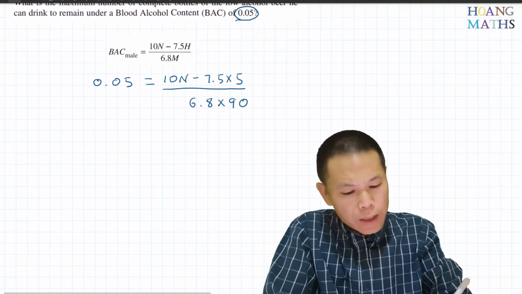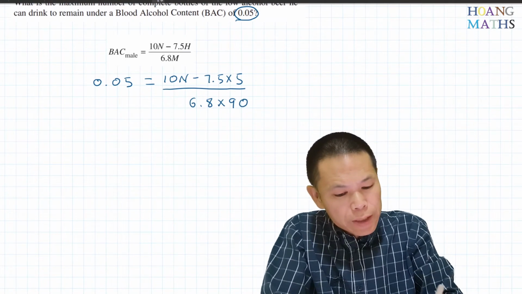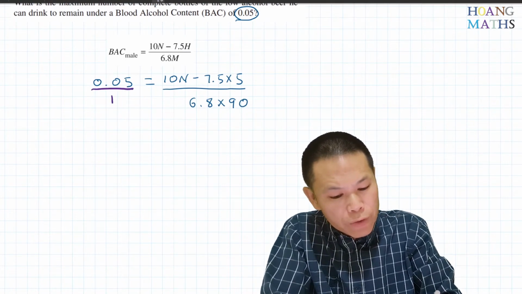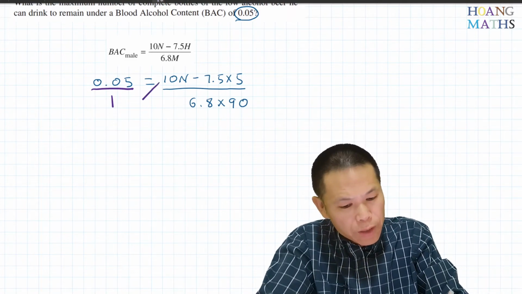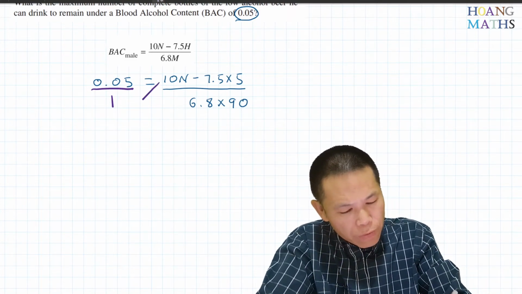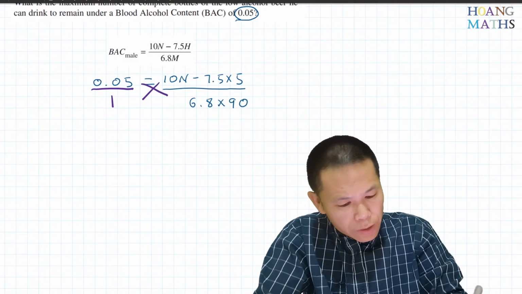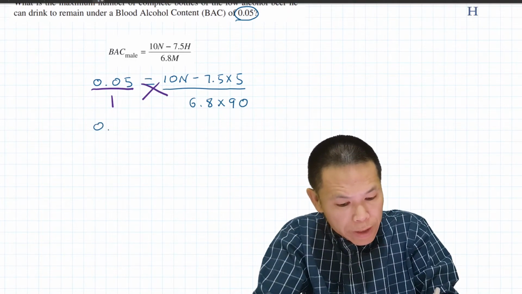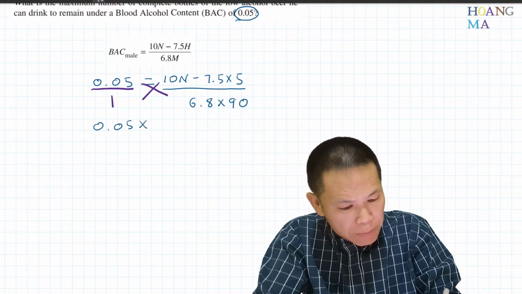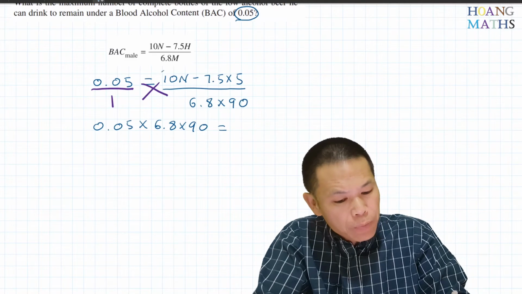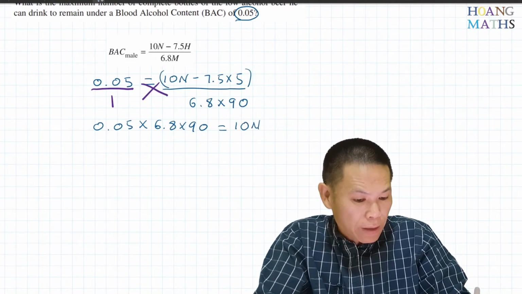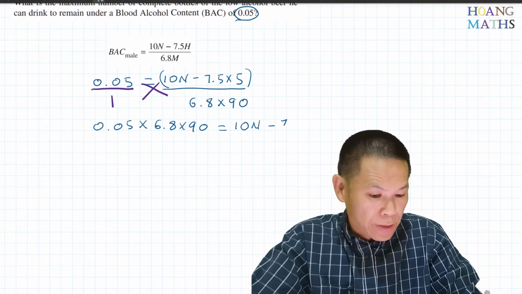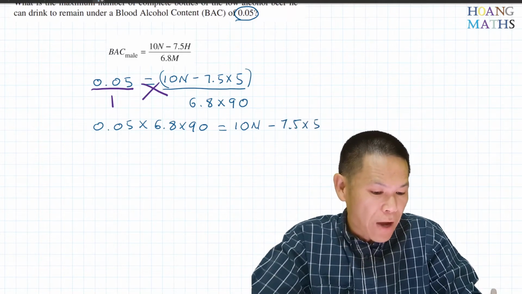So now we just solve these equations. Now to do this, 0.05 is just exactly the same as 0.05 over 1. So what I do now is just cross multiply: 1 times this and then 0.05 times this. So this means that 0.05 times 6.8 times 90, 1 times this is exactly the same, so just write 10N minus 7.5 times 5.